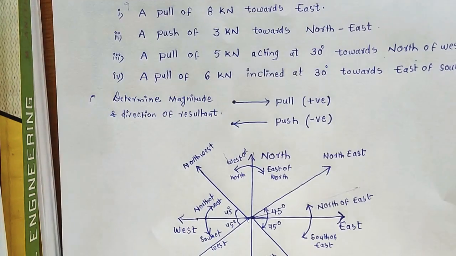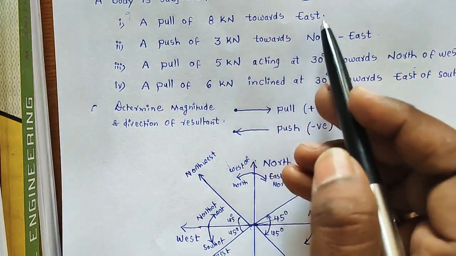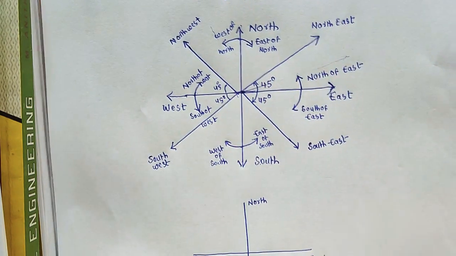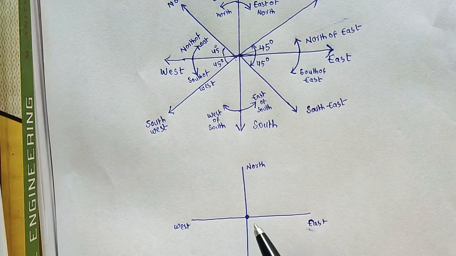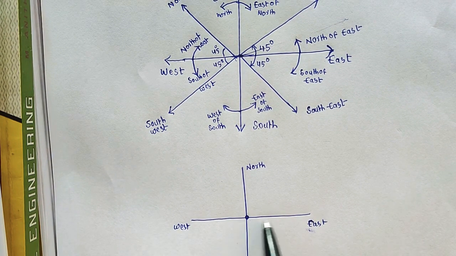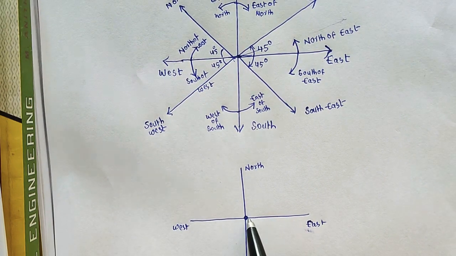So first one, if you observe, a pull of 8 kilonewton towards east. So this is the point. Here we are considering a pull, so pulling force. So you have to draw away from this point towards east.